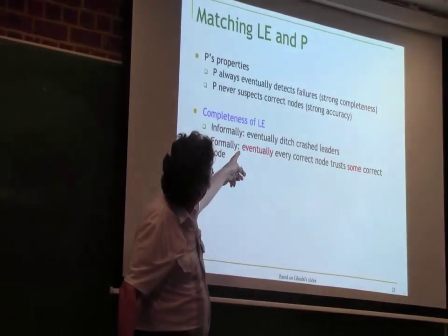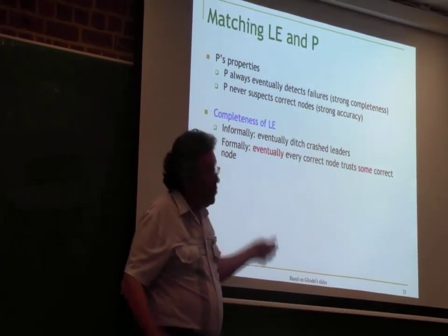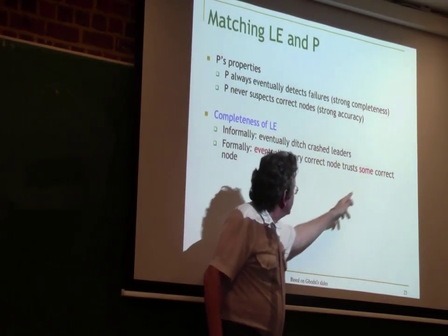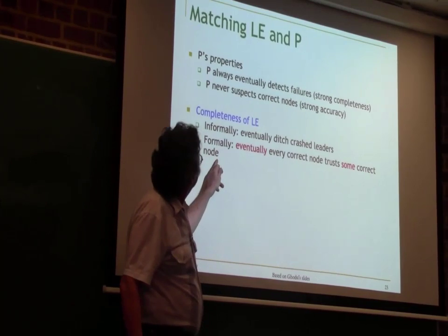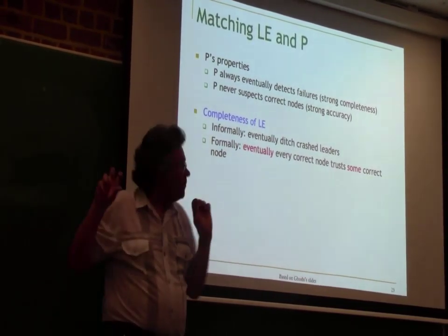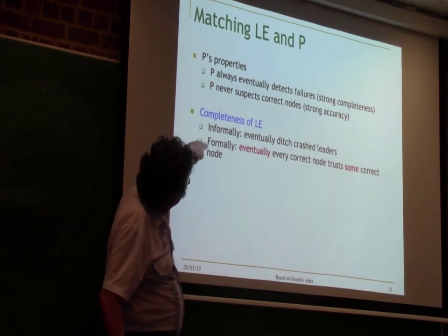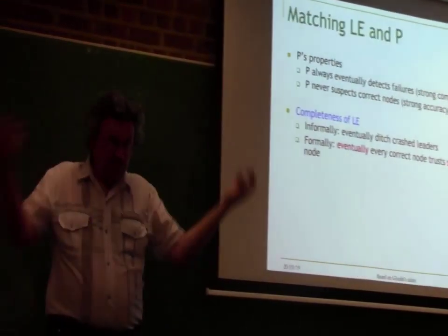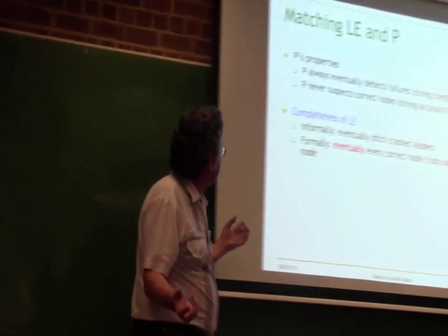So eventually, every node has a leader, okay? Every node trusts some correct node, which is like the leader. This is like completeness. Every correct node has a leader, so nobody is missing the leader, okay?